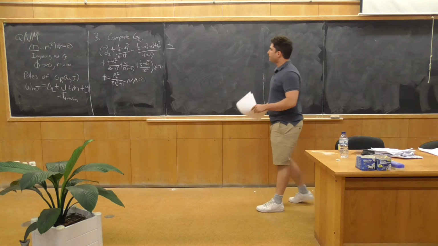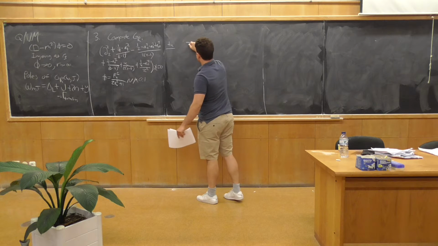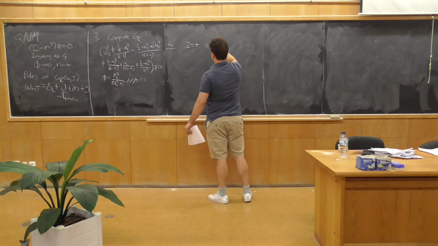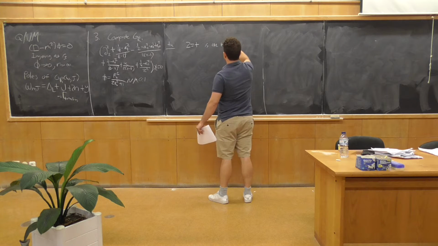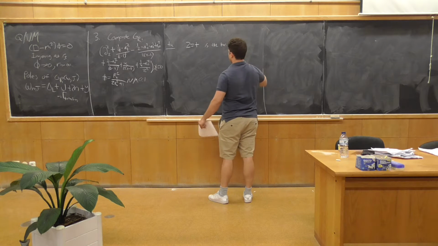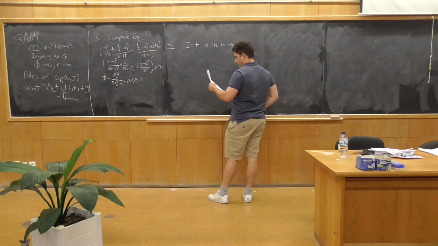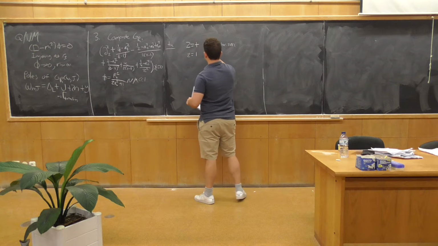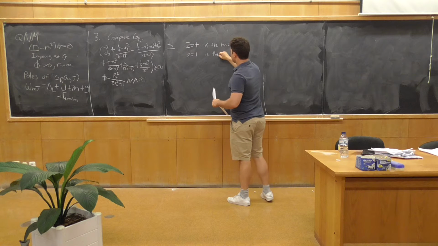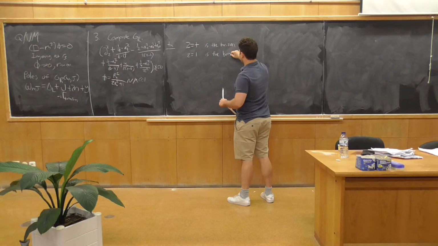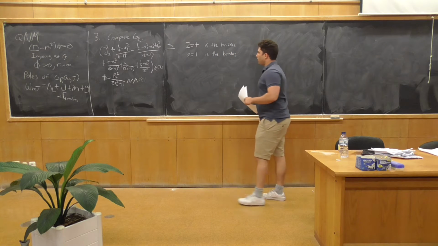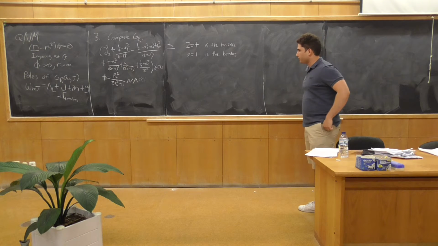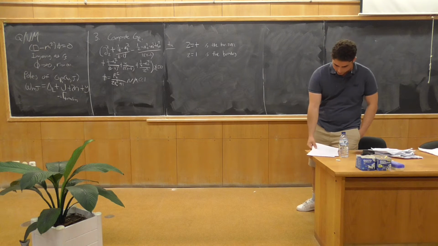So z equals t is the horizon, and z equals 1 is the boundary. We were told how to compute the retarded Green's function by summing star nets, among others.